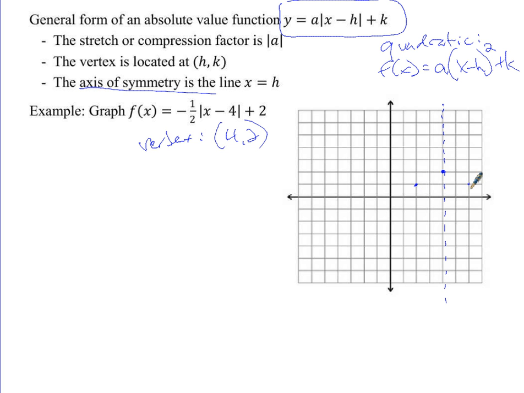Reflected across. Does that give you a V? Then you're done. Notice the slope of this line, 1/2. Notice the slope of this line, negative 1/2. If you understand that, then you don't even need to do any test points for absolute value functions. This is your graph.